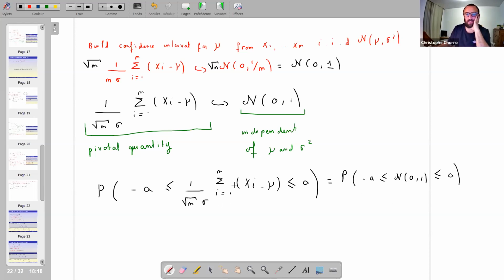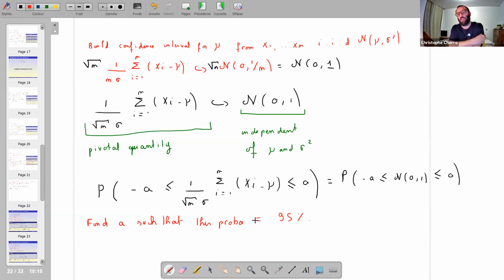So it means that I can find, and I will see how just after, an a such that, for example, this probability is equal to 95%, or 99%, or maybe more.